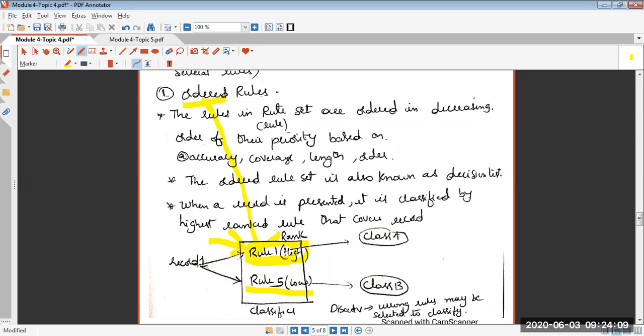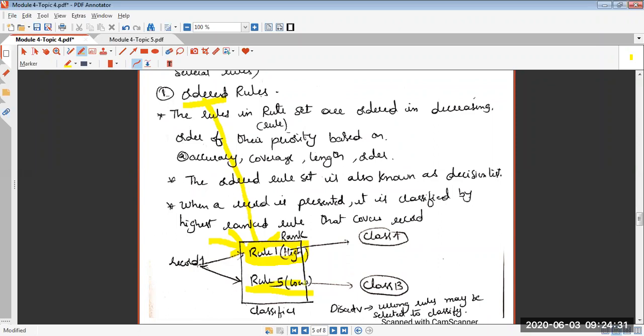Once again I'm repeating: if a rule has a high priority attribute, that rule will become a high ranking rule. Rules which have low priority attributes, meaning attributes which may not be significant with respect to this application, will become low priority.